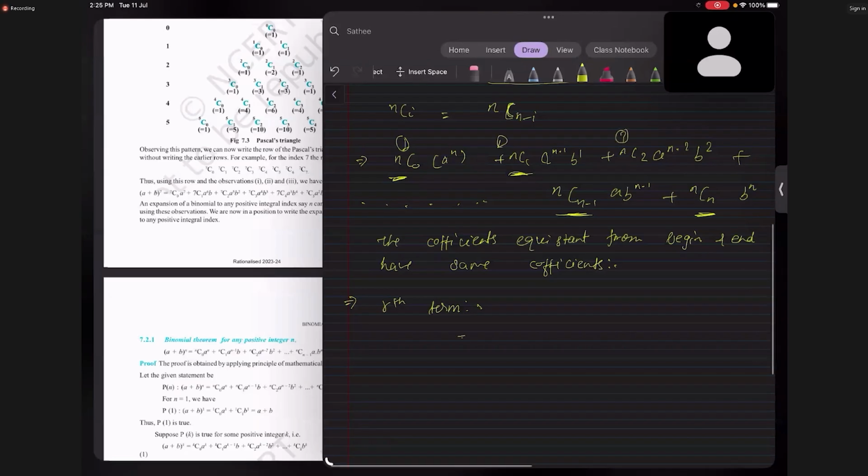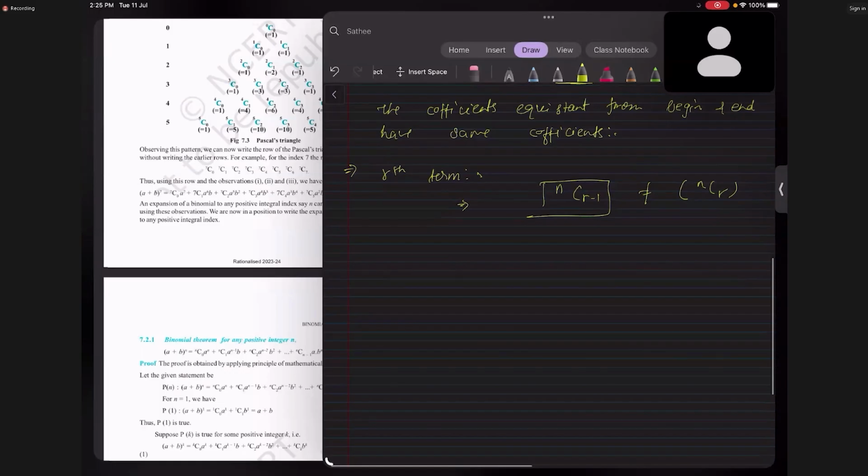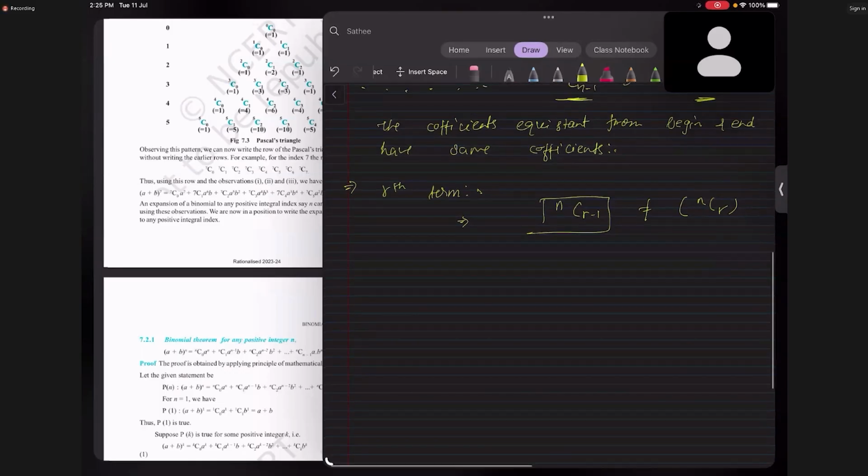Okay, so for the rth term, the coefficient would be nCr minus 1. This is not nCr. Okay, the rth term won't be nCr, it will be nC(r minus 1), one less. And another thing is what is the maximum coefficient.